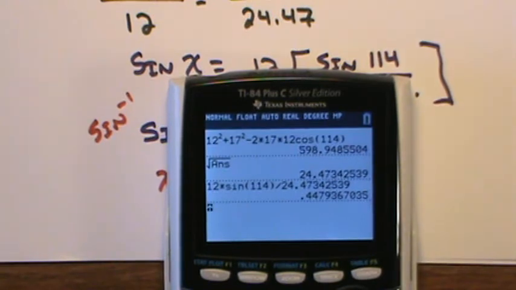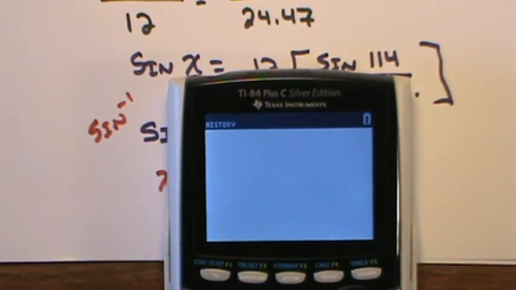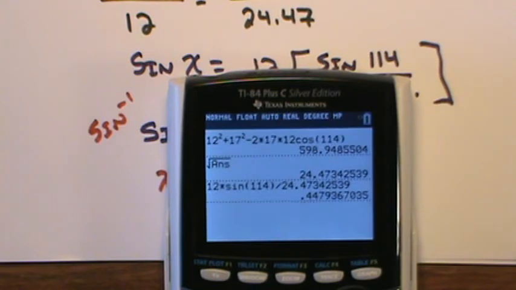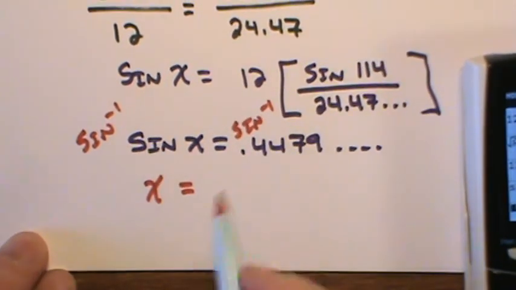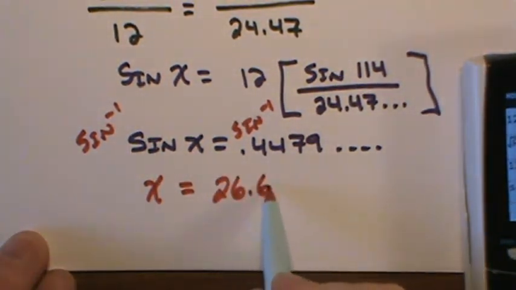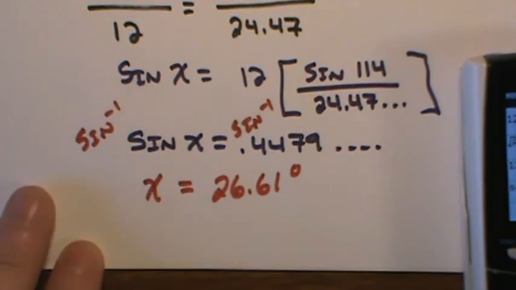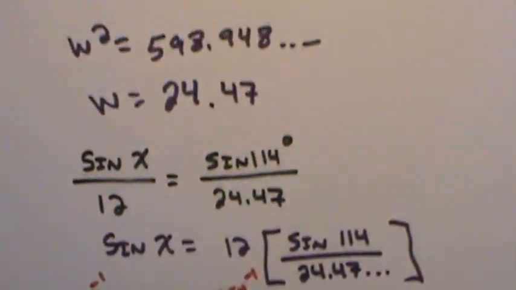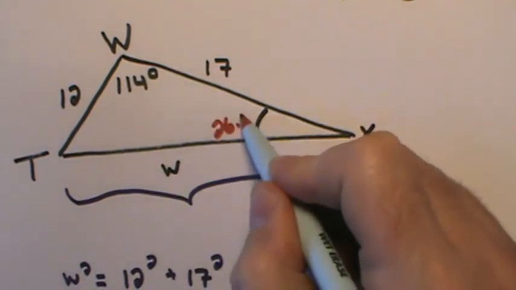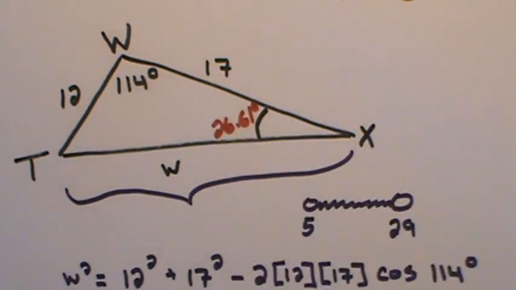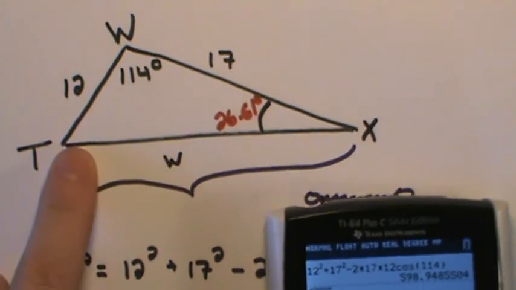I go second sine, use all of that decimal, and now I have a very precise answer. 26.61 degrees. I can come up here, call this 26.61.